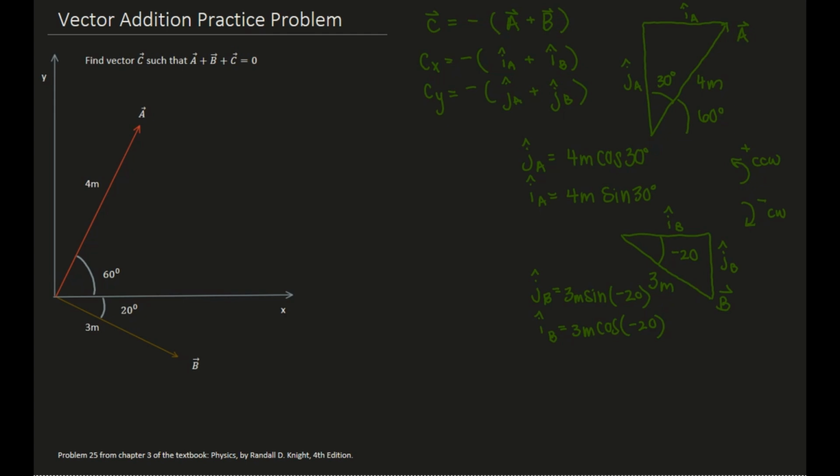So Cx becomes negative 4 meters sine 30 plus 3 meters cosine negative 20. Cy becomes negative 4 meters cosine 30 plus 3 meters sine negative 20.